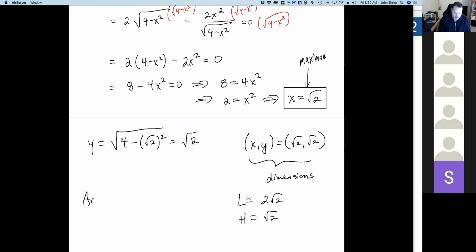The maximized area would be length times height, which looks like 4. So whatever our units are, like 4 feet squared or meters squared. So we know that these are the dimensions and that this would be the area.